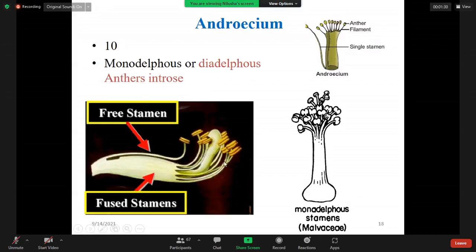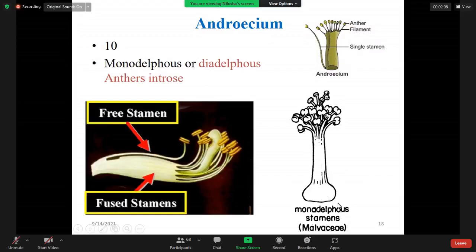In here you can see 10 stamens in the Fabaceae family flower, but one stamen is free, and the other 9 stamens are fused together. Is it clear to all? Yes, ma'am. Only this one is free, and the other 9 are fused together, so we call it didelphous.